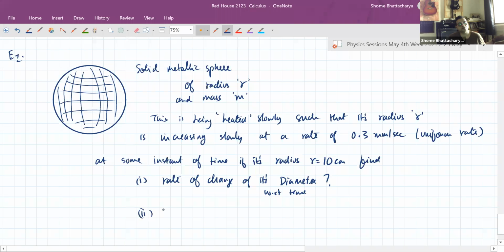Then we want to find again the rate of change of its surface area with respect to time.